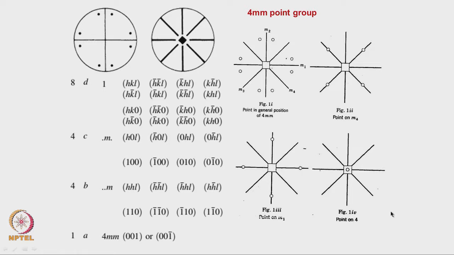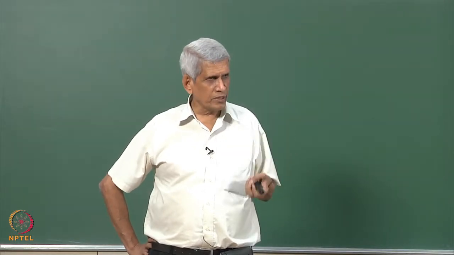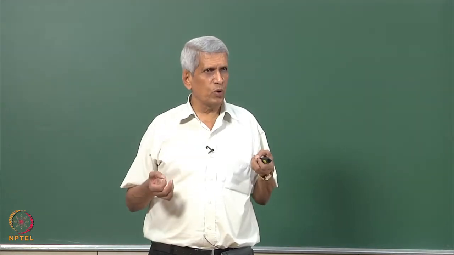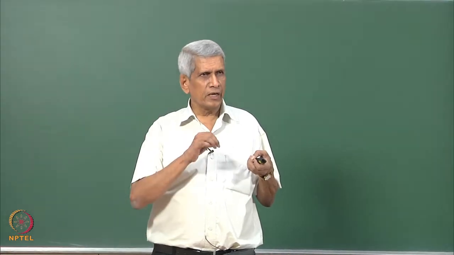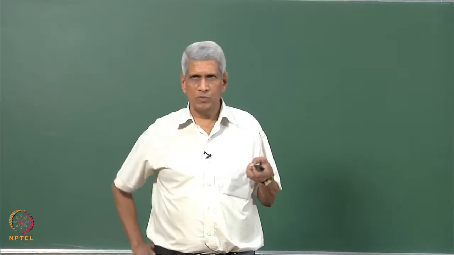What I will just describe briefly is, so far we looked at only the stereographic projection of it. Now what we will try to look at is, what does it mean? Generally in a stereographic projection, what we are trying to take is a general point, a pole, and how the pole is repeated if the crystal has a particular point group symmetry.